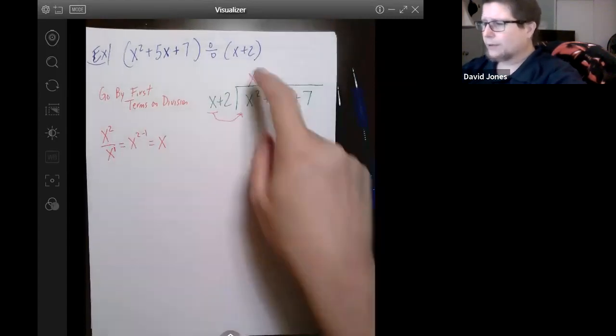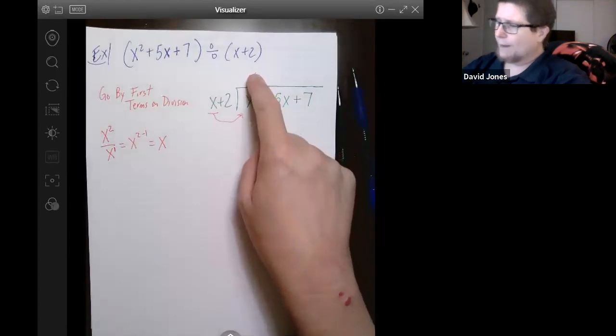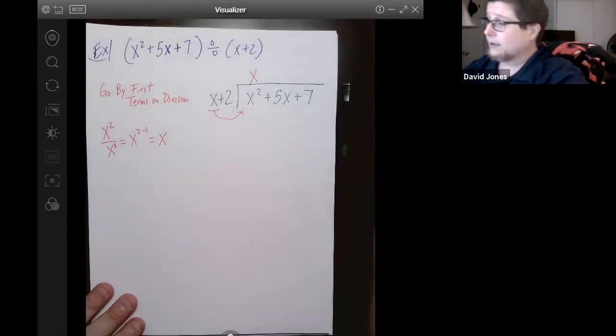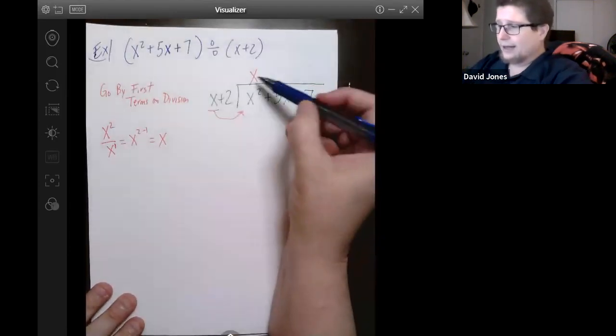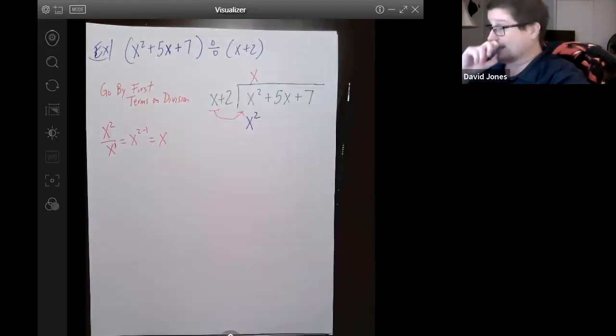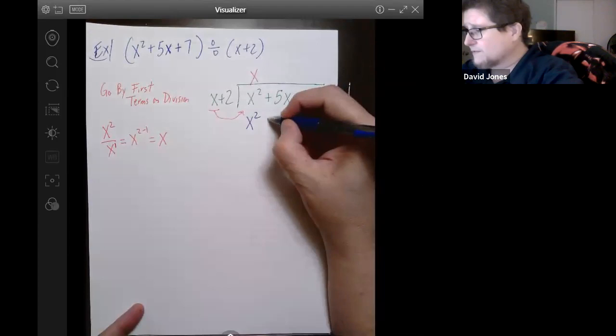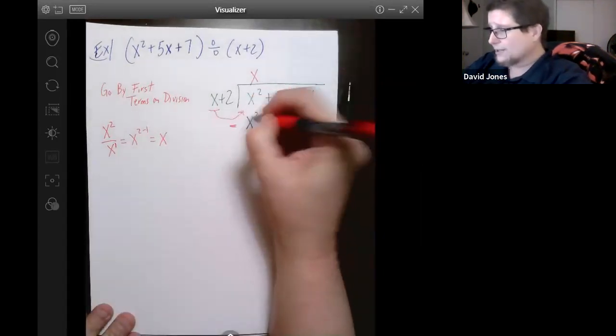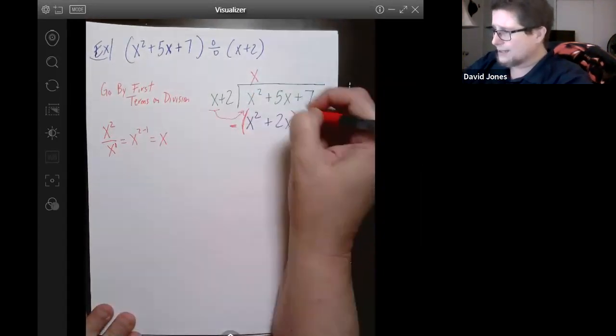We took the number on top and multiplied it by everything out front and wrote it underneath. So x times x is x squared. I'll write it underneath the other x squareds. And x times 2 is positive 2x. So we multiplied that out and then we subtract it. We're subtracting the whole thing, so I'm going to put parentheses right there.